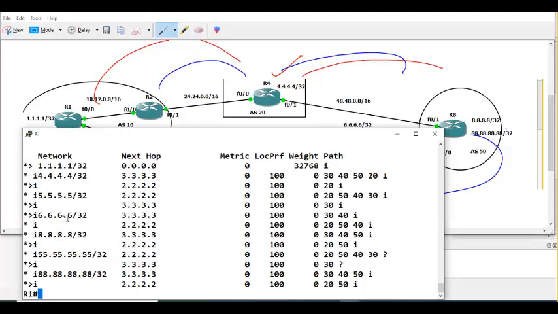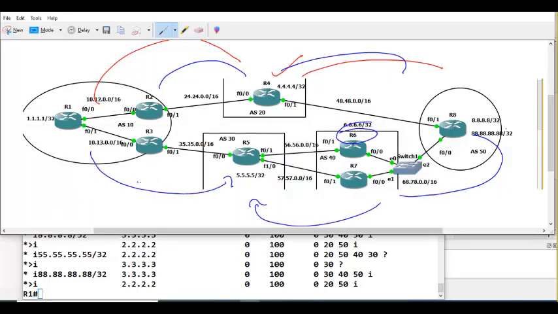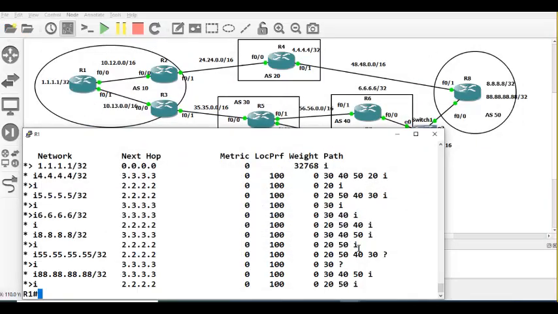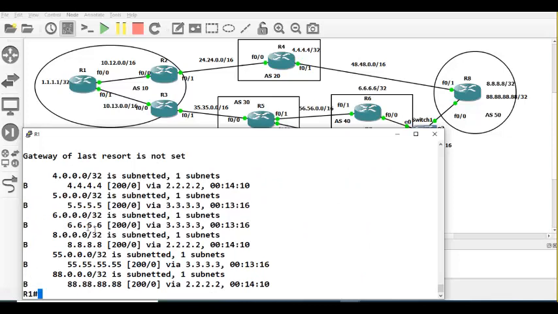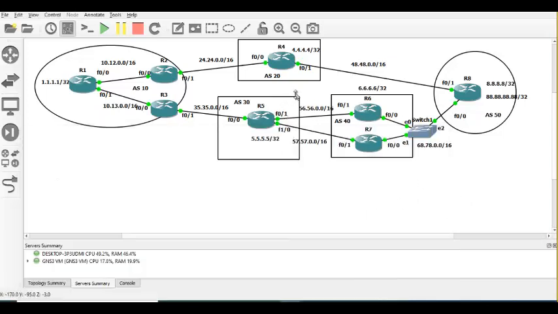And for 6.6.6.6 also it is going via 3 because it is only 2 hops. If you go via 2, it is going to be 3 hops. For 6.6.6.6, 1 hop and 2 hops. If you go via router 2, it is 1, 2, 3, 4 hops. The routing table also shows the same for 6.6.6.6, 5.5.5.5 and 55.55.55.55, which is also here.